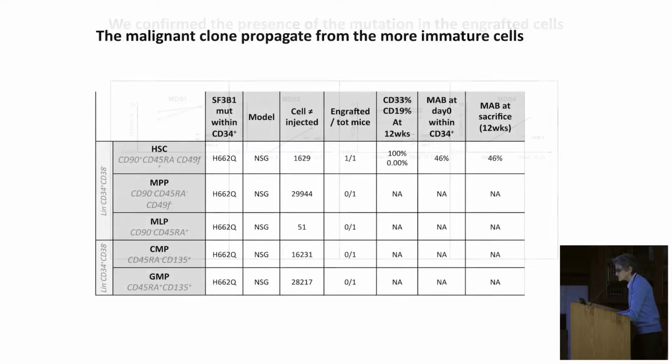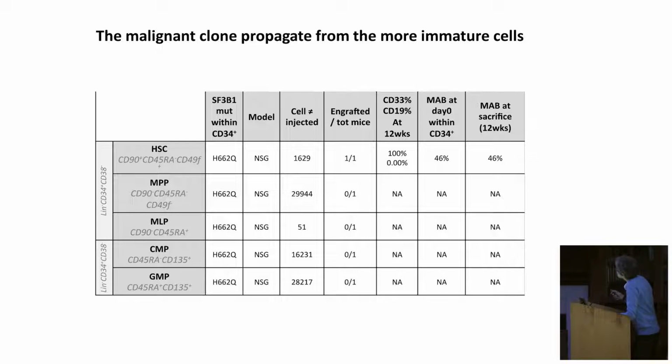One population of these cells is able to engraft in the mice, so we did exactly the same as we do in AML. Different populations, as I showed you, HSC, MPP, MLP, CMP, and GMP, were each sorted and injected into these immunodeficient mice.